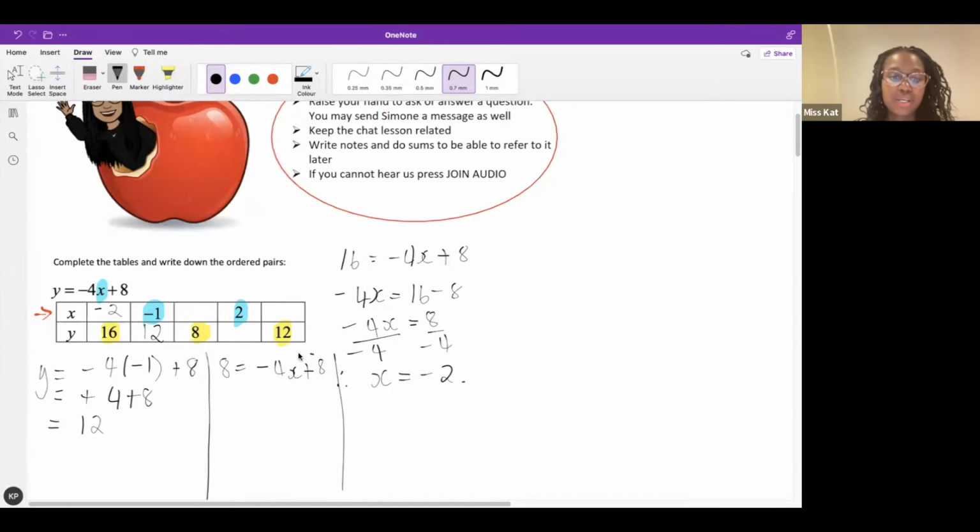I'm going to take 8 over to that side, so I'm going to have -4X equals 8 minus 8. So -4X is 0, divided by -4, therefore X is 0. We already have another answer. Yes, it's our intercept.